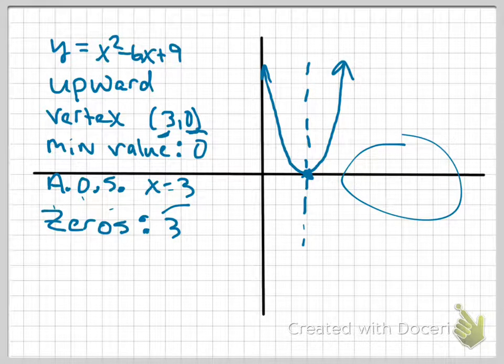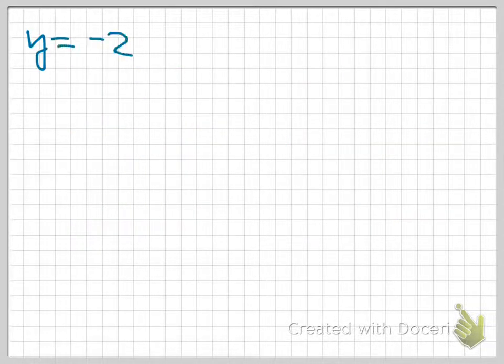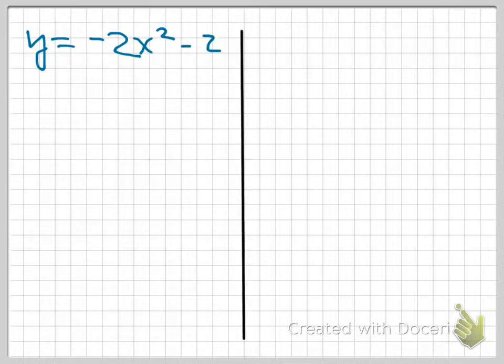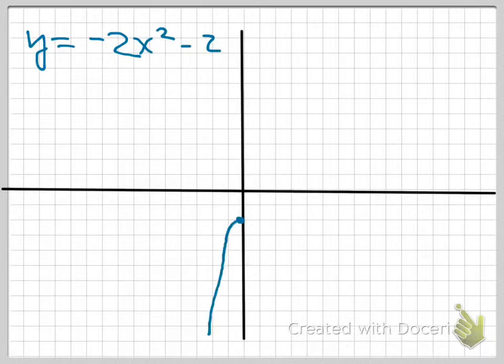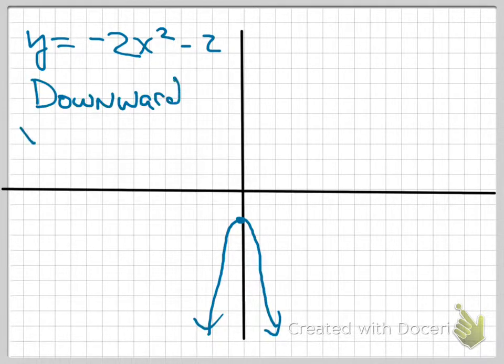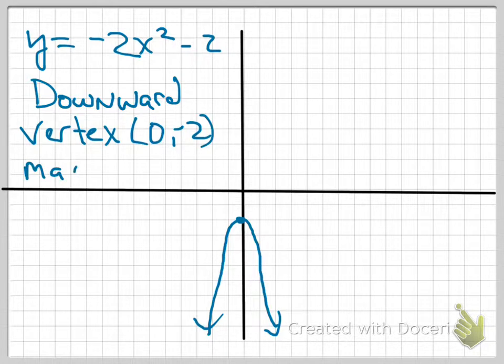Alright, final example, because this is something that's kind of short and doesn't need that much. y equals -2x squared minus 2. Here's the graph. It's facing downward. That means it has a max value. The vertex is (0, -2), so the max value here is -2.